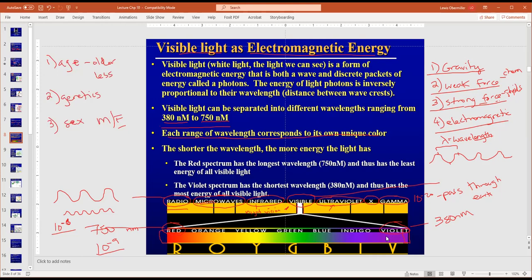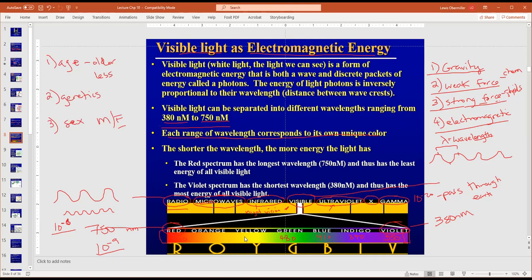So remember, violet corresponds to a wavelength which is around 380 to 350. And red corresponds to a wavelength which is around 750, and green is around 480, and blue's a little bit less, around 410, and indigo would be around 370.